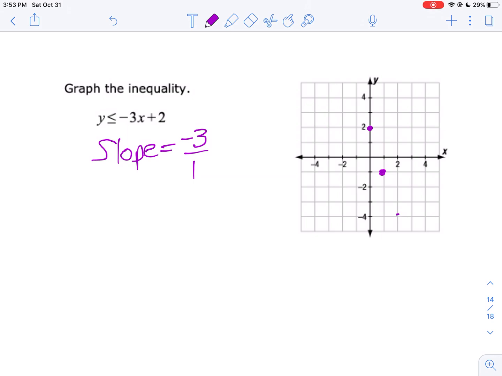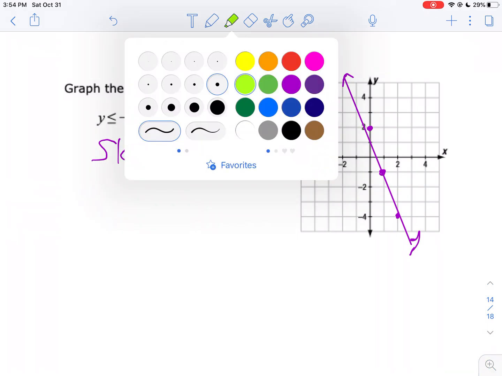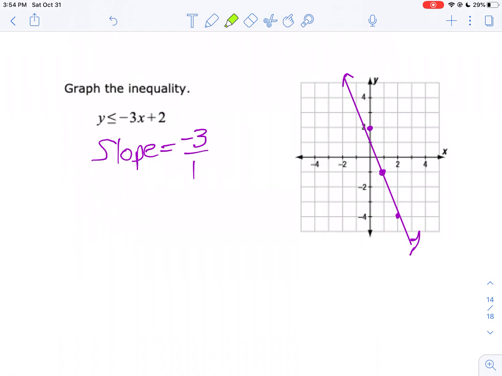I could do that forever. It's a solid line, so I'm going to draw a solid line going through these points. It's less than, so I shade vertically down from that graph. So I'm going to go down on my graph. And that's what it should have been.